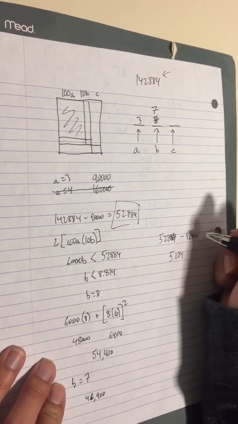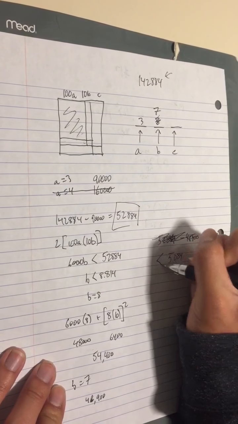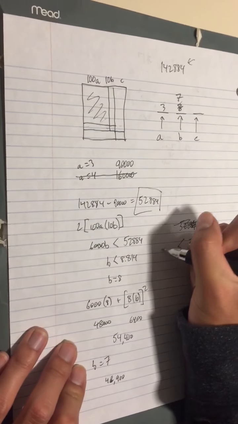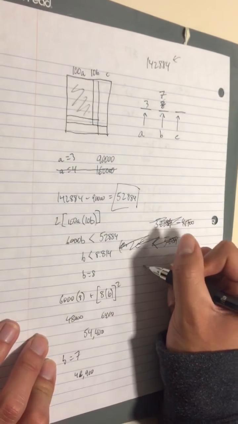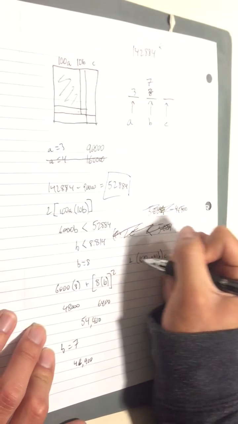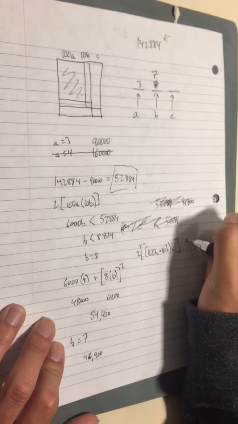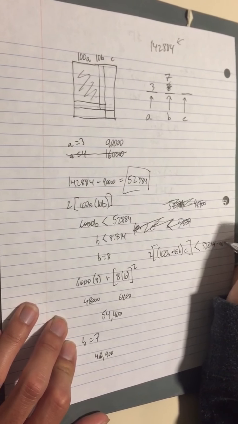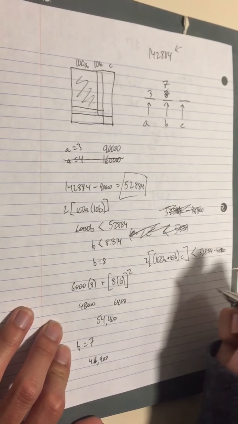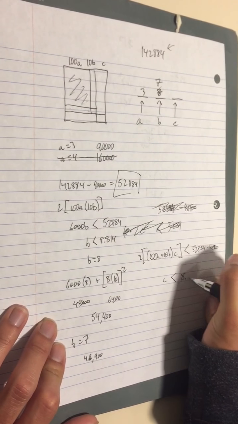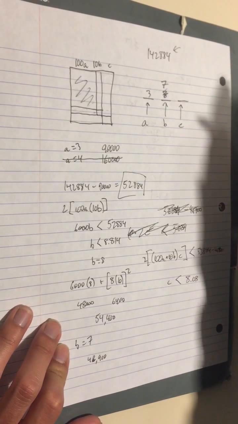And then we know that has to be bigger than these two slivers of rectangles like before, and that would be, sorry, getting messy, I'll put it down here, 100A plus 10B times C, and there's two of them, and that should be less than your 52,884 minus 46,900. And to save you time, I'm just going to tell you that we're going to get C is less than 8.08. So C, our best guess is going to be 8.